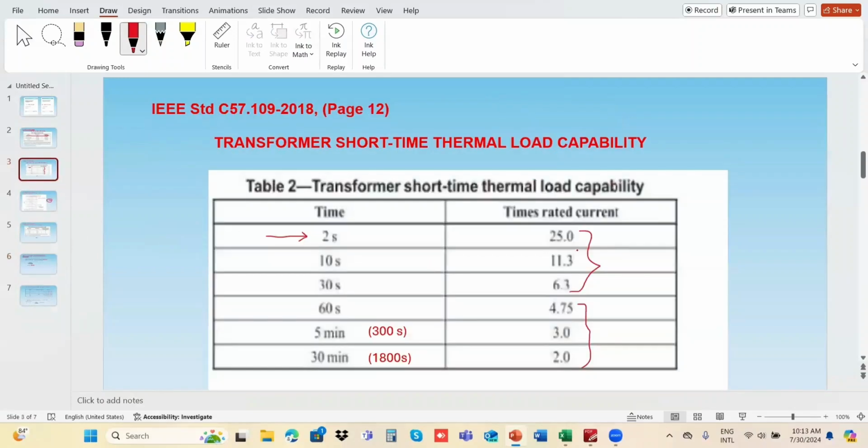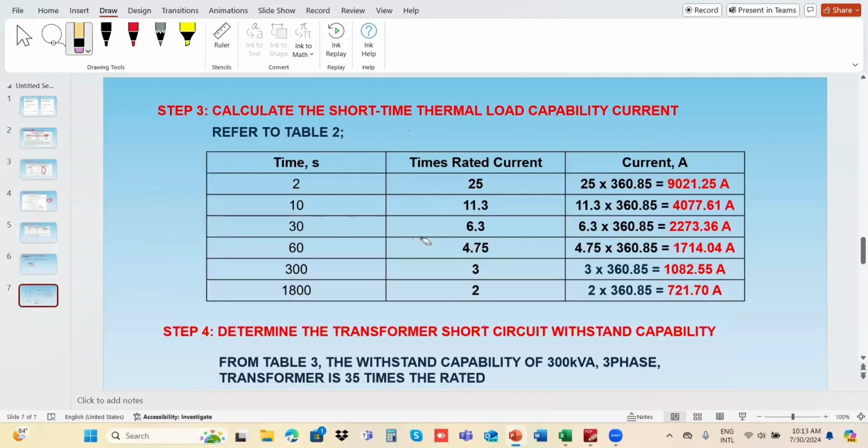Okay. Now we will use table 2. Since you have already calculated the rated current, we have to multiply the rated current to these values. So let's go back to our calculation.